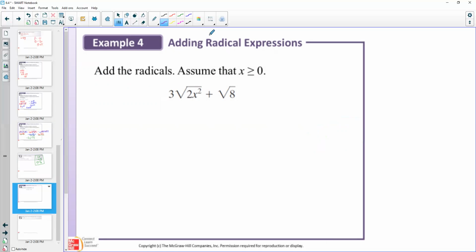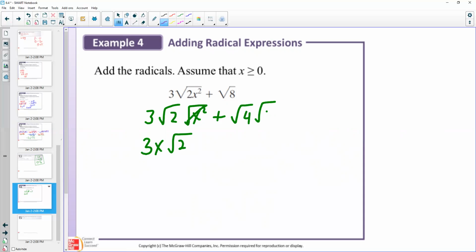So this one is a little bit of a different case. I'll show you why. Let's simplify the radicals first. I got 3 radical 2 radical x. Okay, radical x squared. That's okay. So x squared, radical x squared becomes x, so 3x radical 2. Okay. 8 breaks up into radical 4 radical 2, so that becomes 2 radical 2.